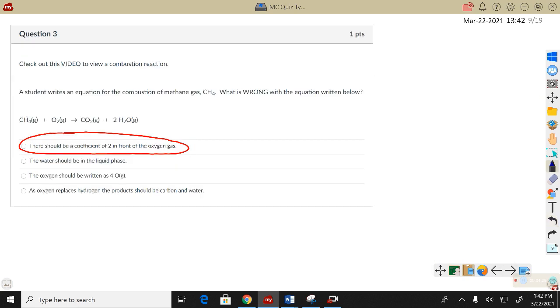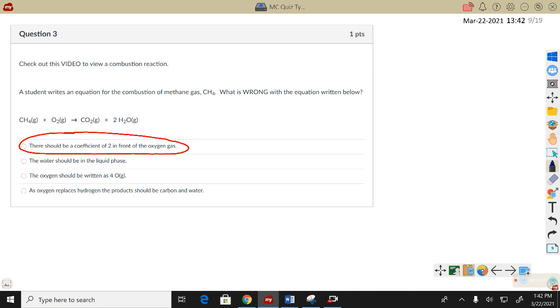There was another combustion with methane gas. What is wrong with this equation? So we've got this proposed balanced equation. Methane is CH4. Combustion means that it's burning in the presence of oxygen, which is O2. And the products are always carbon dioxide and water. So the formulas look fine.